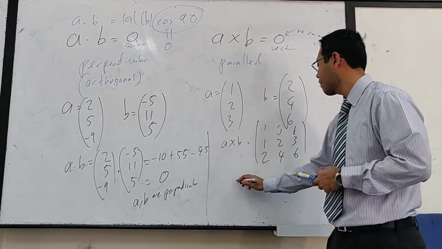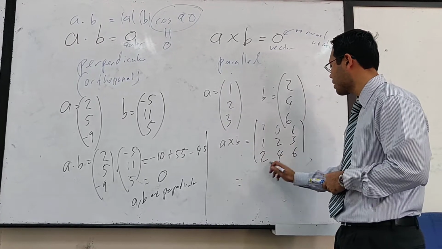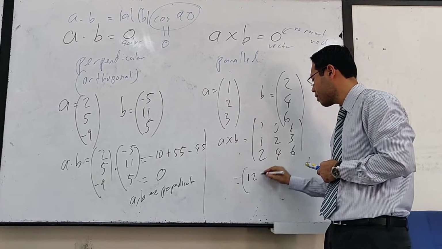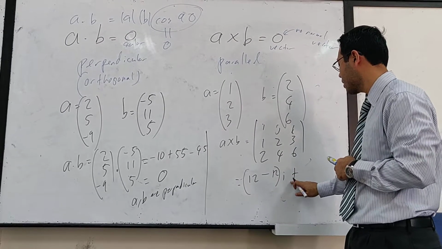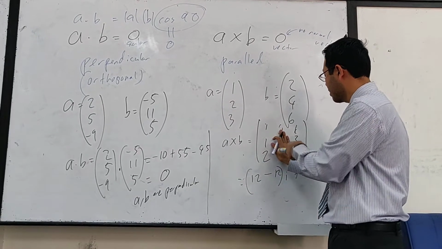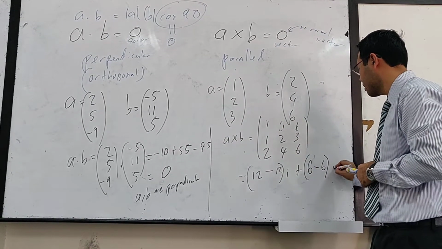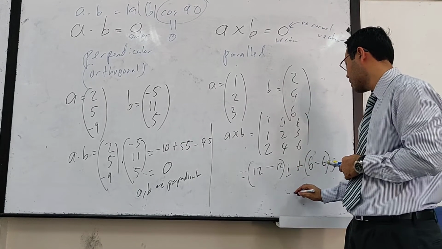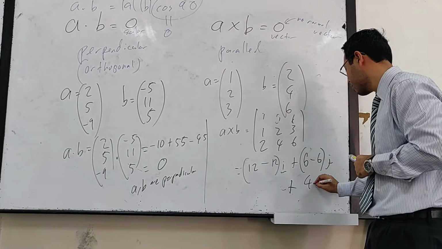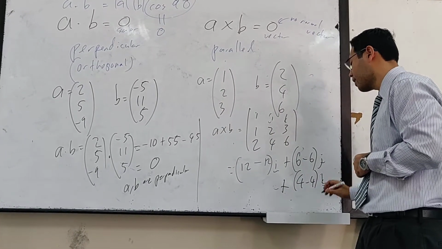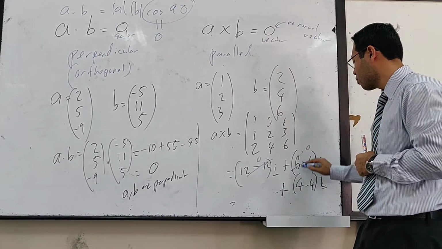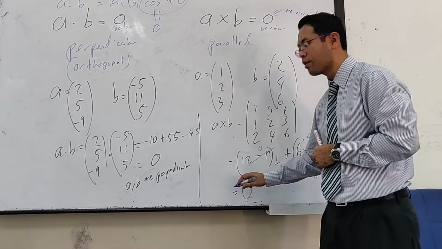So close this one, 2 times 6, 12, minus 3 times 4, 12, 12 minus 12, I, plus, close this one, 6 minus 6, J, and finally, close this one, 4 minus 4, okay, so this one you get 0, 0, 0.